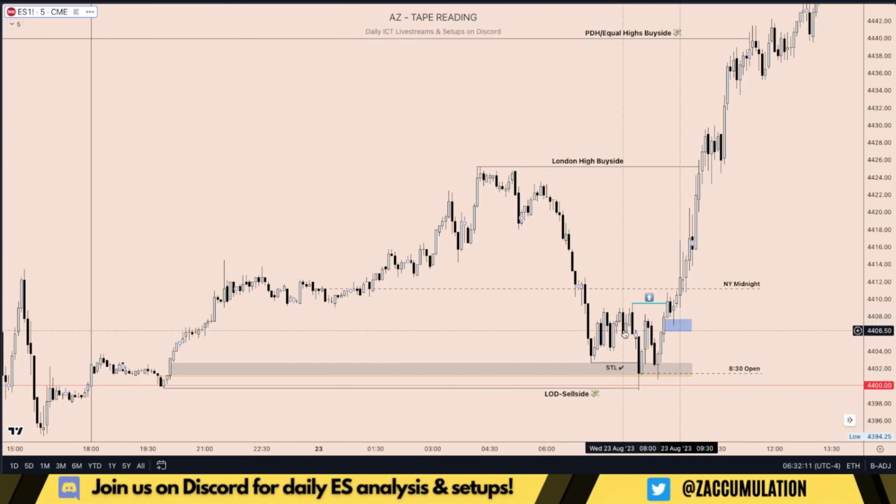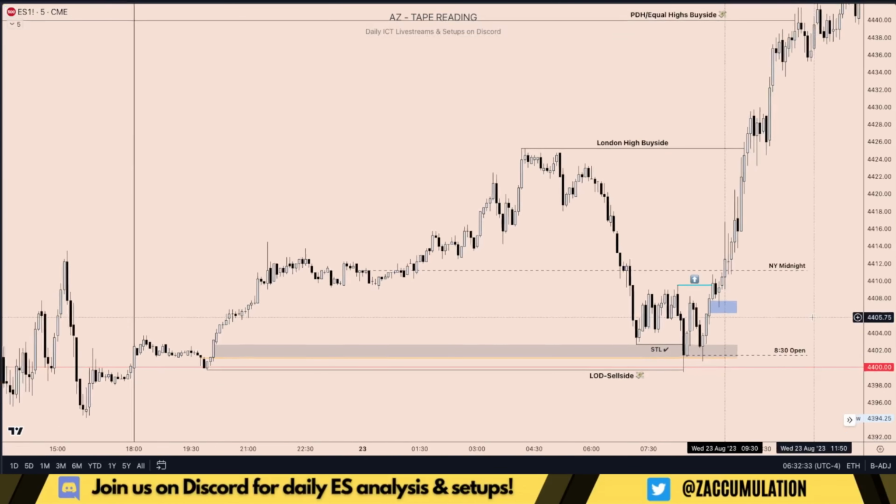New York kill zone is starting at 8 a.m. And right here we see, okay, we're relatively low, and we look for potentially our reversal setup. We're just ahead of the New York open at 9:30. So let's see, we have major sell side sitting here. We could easily bounce off that institutional level one more time.